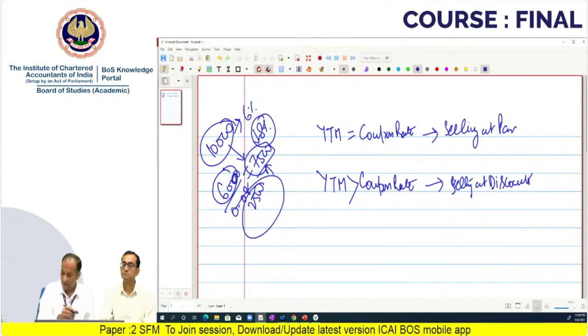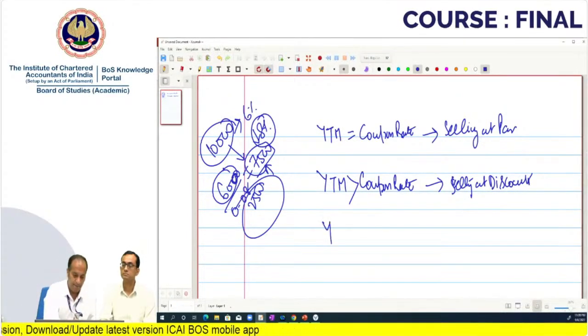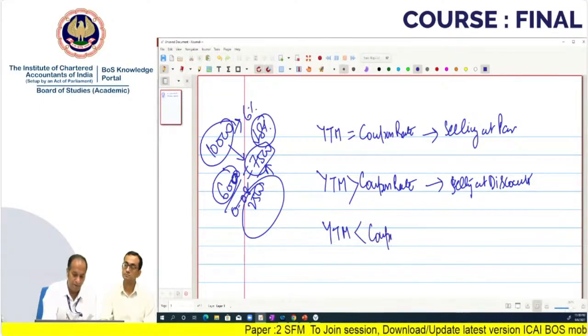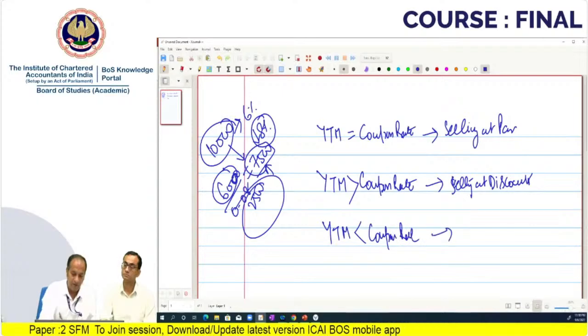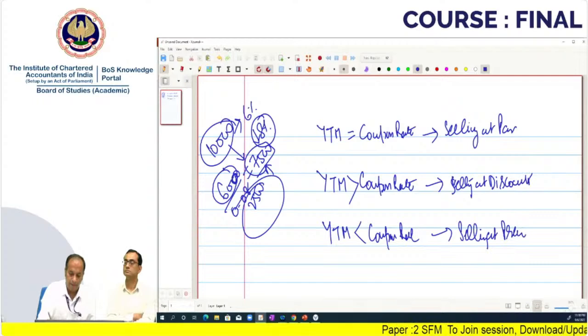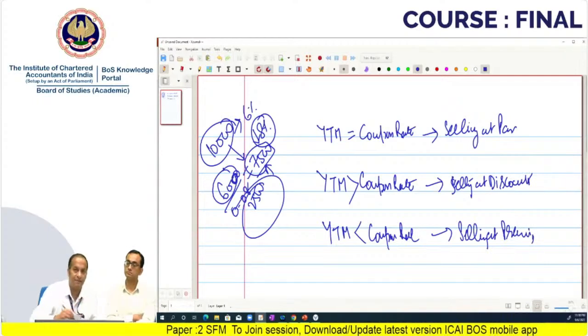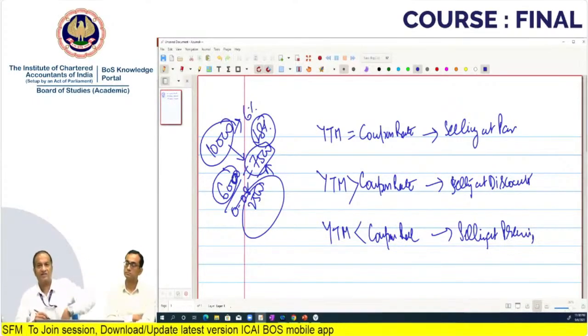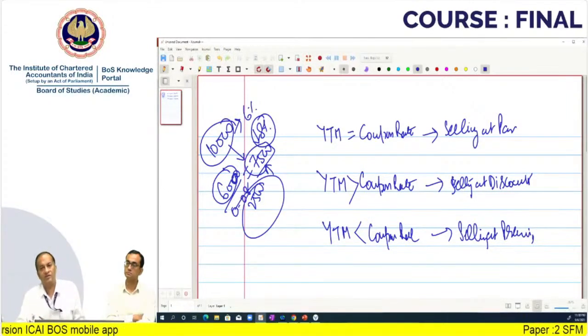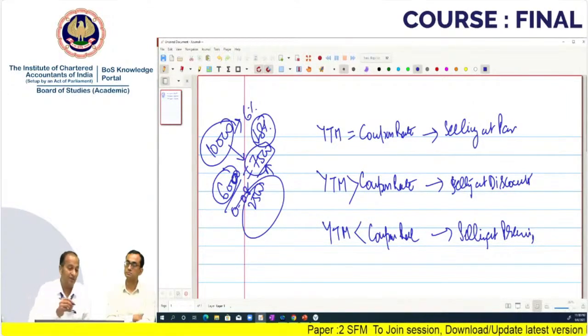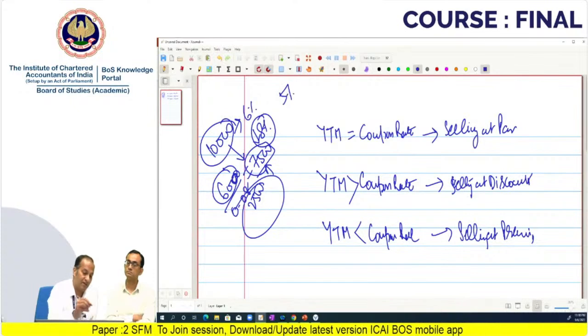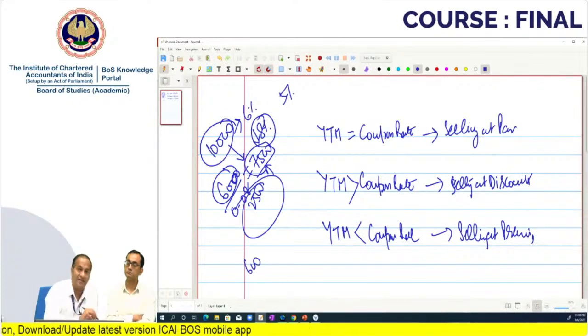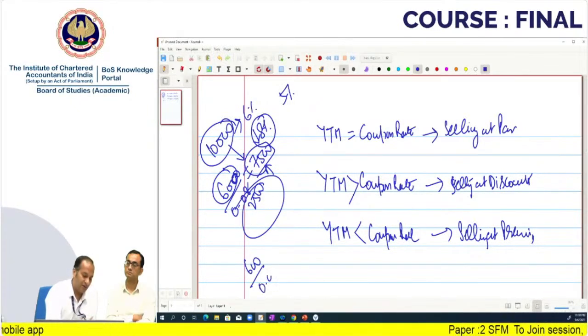Now we come to the case where the YTM is less than the coupon rate, so the bond is selling at a premium. Continuing the same example, suppose the rate of interest has come down to 5%. Now to get the 600 rupees again, how much do I need to invest?